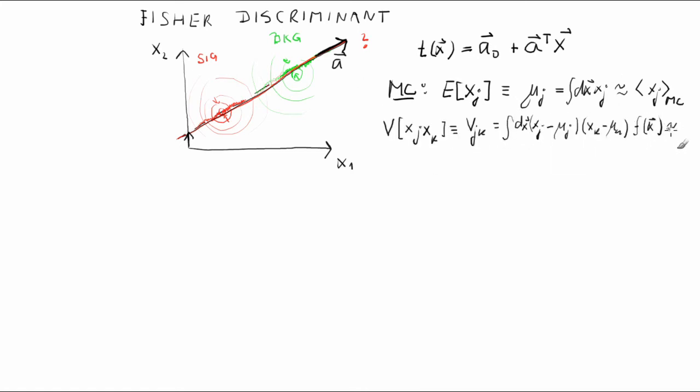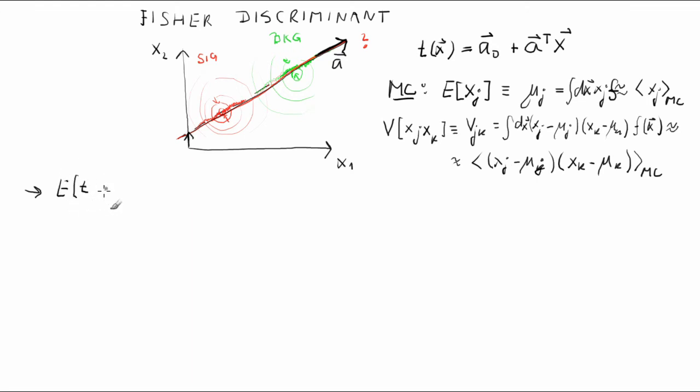And this is approximately equal to the mean value of the quantity (x_j minus mu_j) times (x_k minus mu_k), where the mean is estimated from Monte Carlo events. These can be used to calculate the mean and the variance of the test statistic.